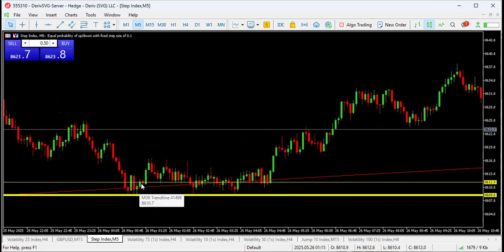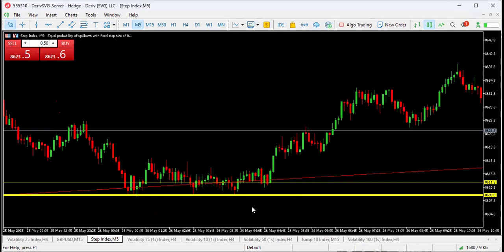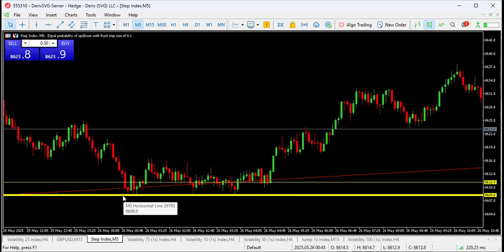So if you see the market approaching a key level and you're expecting to buy that market, the first thing you should think about is where will I put my stop loss, or how is my entry going to be? For the entry here, for instance, you can use this strategy of double bottom or double top.